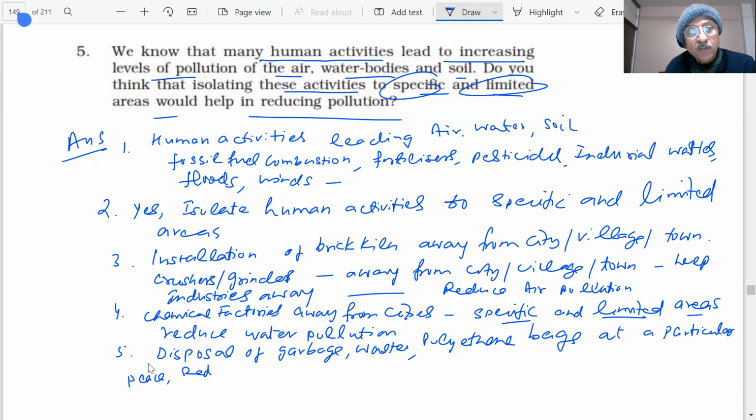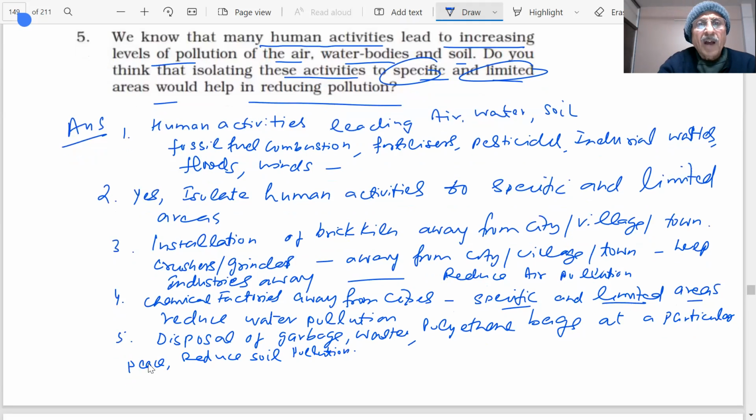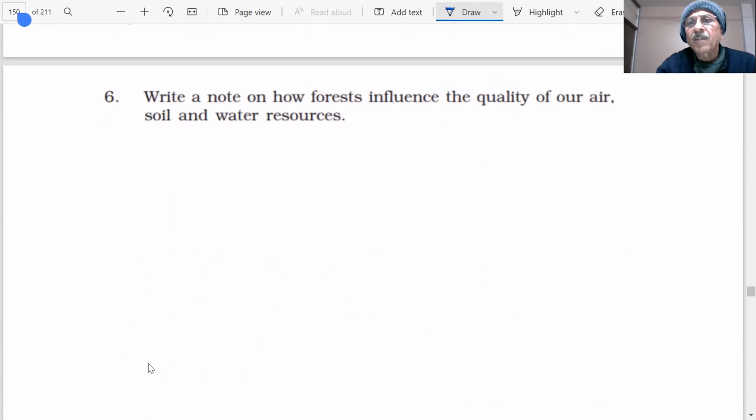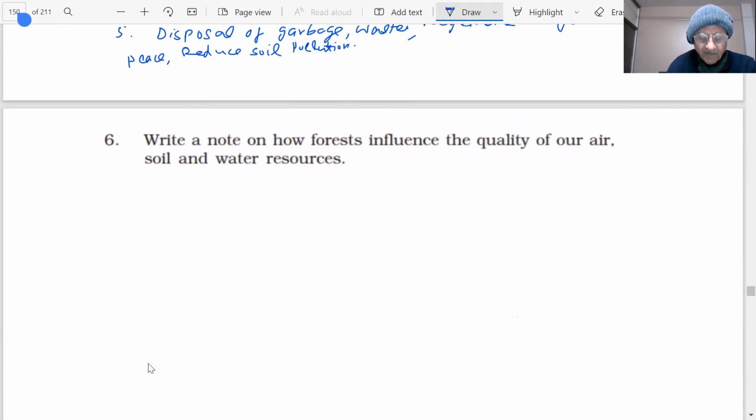It will reduce soil pollution. You can write more points, students. Is it clear? Sometimes you have to write, but write in a very proper way, because certain questions in the essay forms are important in this case.